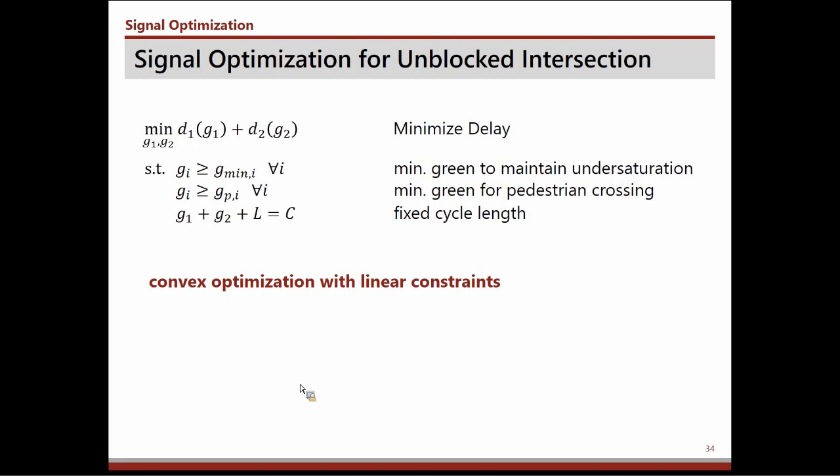And in an urban network, it's typically important to keep the signal timings, the green times and the lost time, within a fixed cycle length that you can coordinate with other intersections in the network. And this type of problem is a convex optimization. It's an integer problem, but it's a convex problem with linear constraints, and it can be solved relatively efficiently.